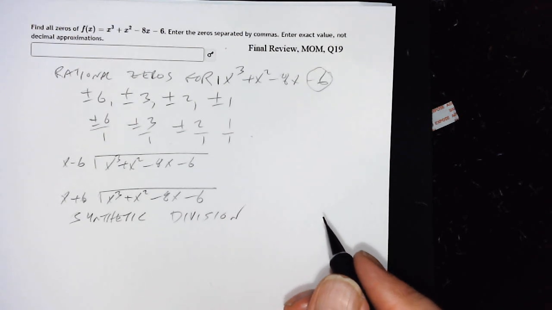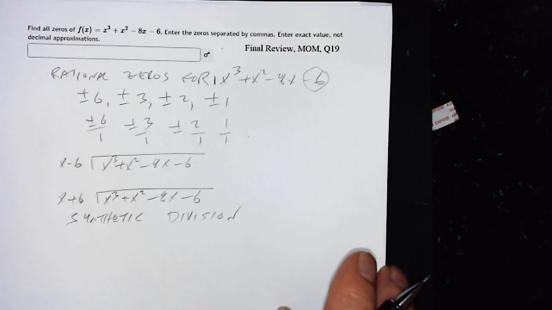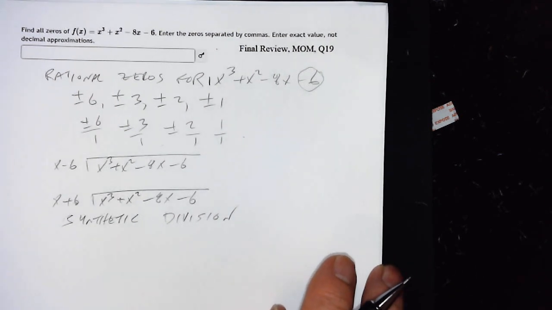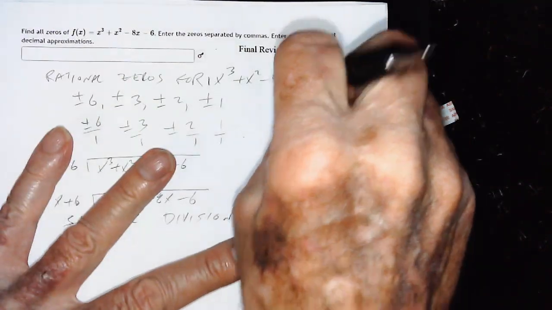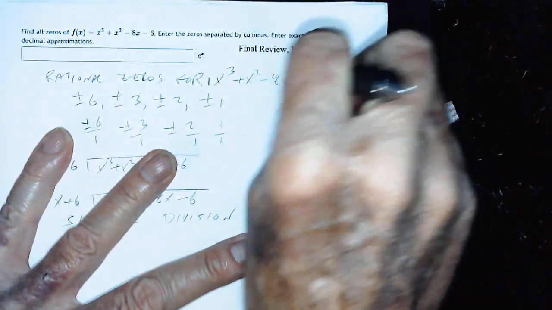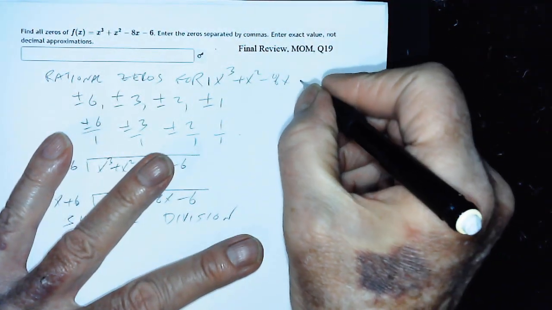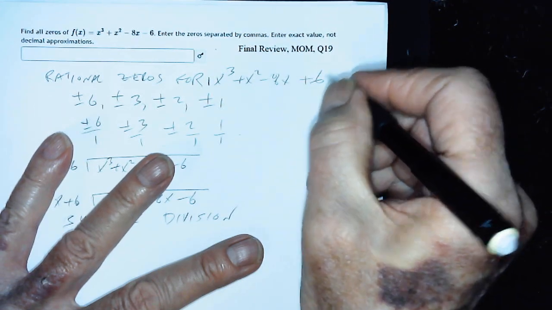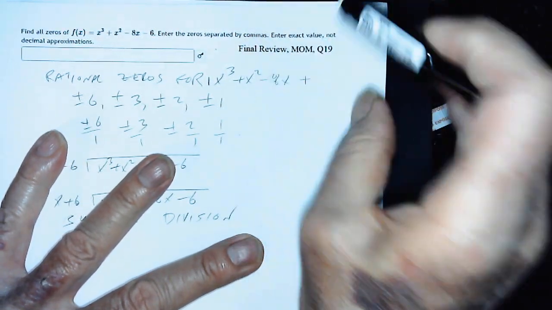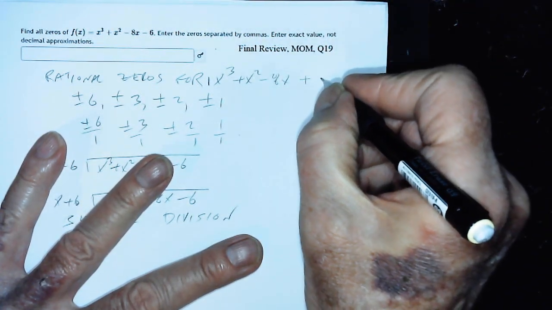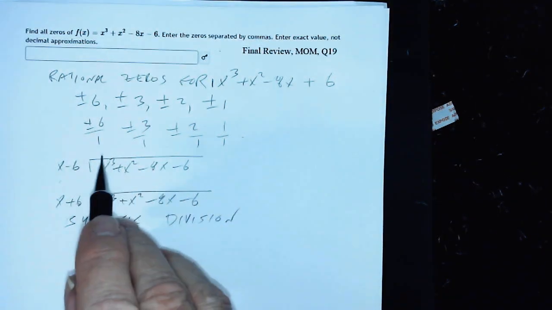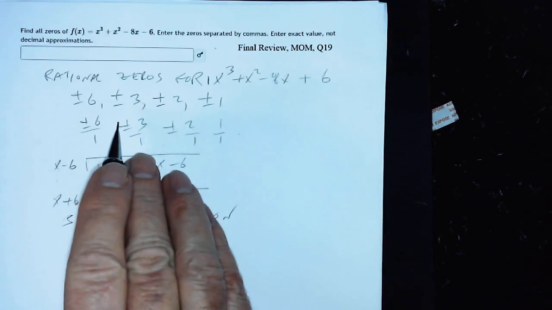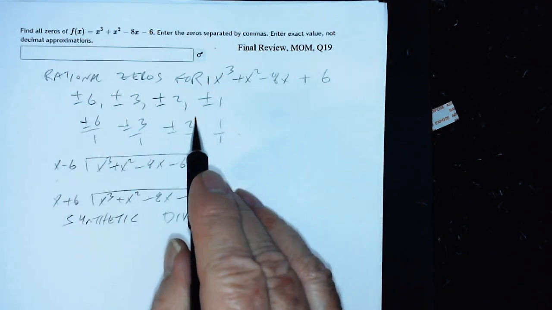Now, one thing I need to point out here: I tried this problem without the camera being on, and I found that this number here, negative 6, I need to change to a plus 6, because if I left it the way my open math gave it to us as a negative 6, none of these possible zeros was a solution.